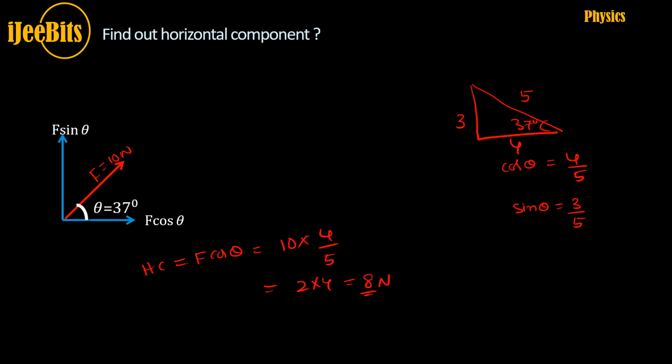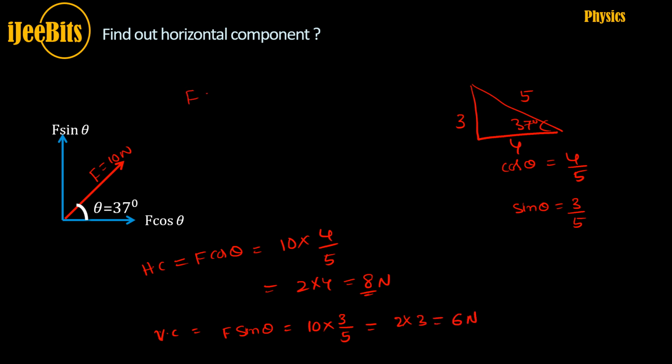What would be the vertical component? This is nothing but F sin theta, isn't it? 10 multiplied by 3 by 5, so 2 times 3 would be 6 newtons. So how do you represent this now?